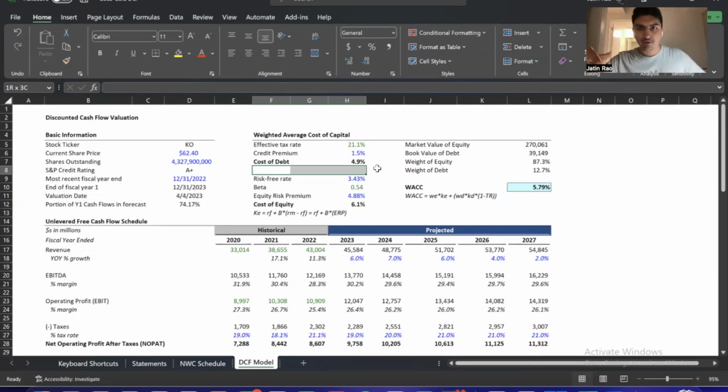And you can take an average of those, and that'll roughly be their cost of debt. That'll probably be a more accurate representation.